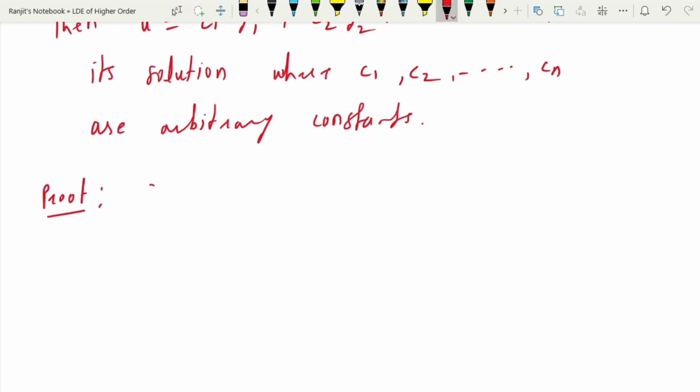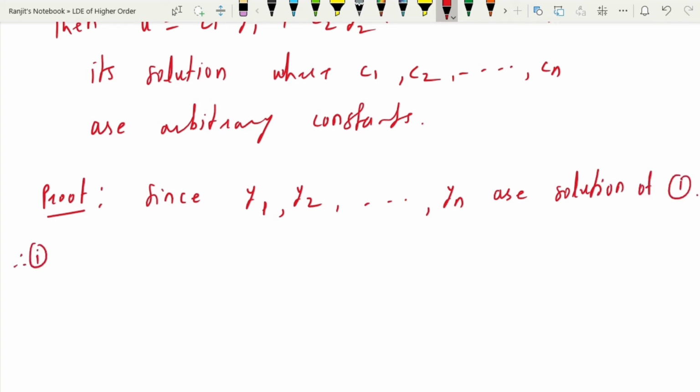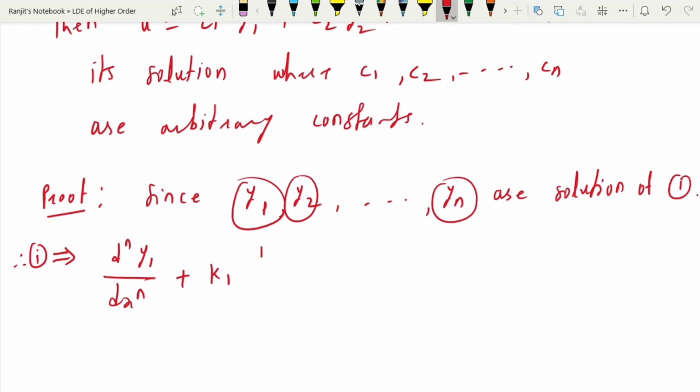Now proof. Since y1, y2 up to yn are solutions of equation 1, y1 satisfies the given equation 1, and similarly y2 and yn also. So d^n y1 over dx^n plus k1 d^(n-1) y1 over dx^(n-1) plus ... plus kn times y1 is equal to 0.